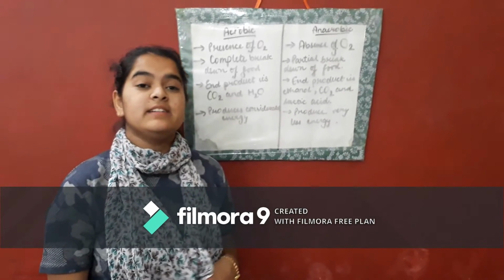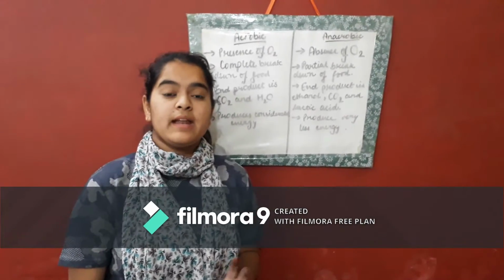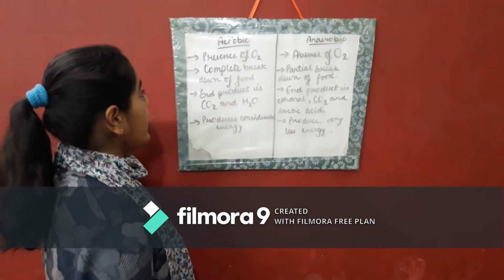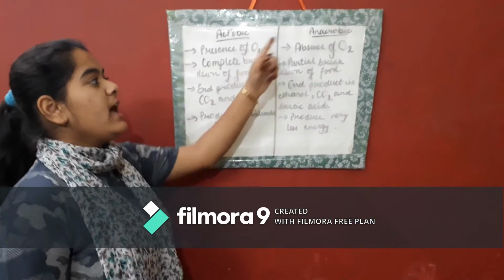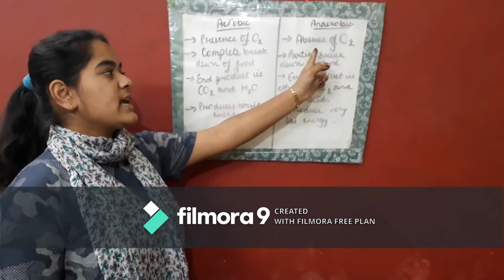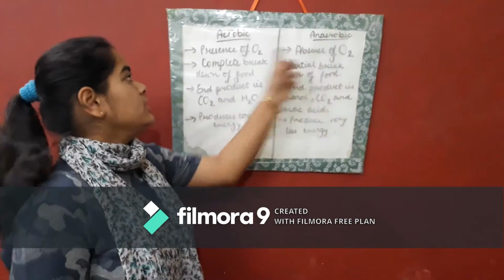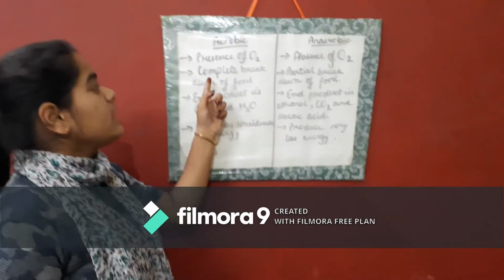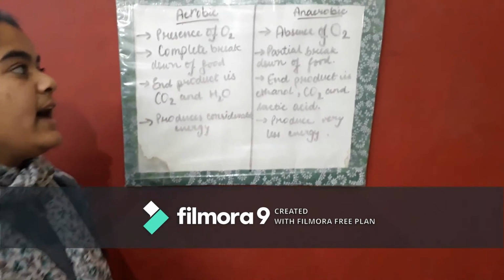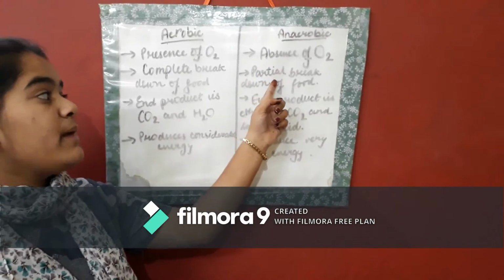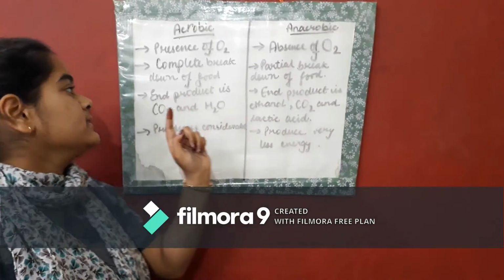Now let's understand the basic difference between aerobic and anaerobic respiration. Aerobic respiration takes place in the presence of oxygen, and anaerobic respiration takes place in the absence of oxygen. In aerobic respiration, complete breakdown of food takes place, and in anaerobic respiration, partial breakdown of food takes place.